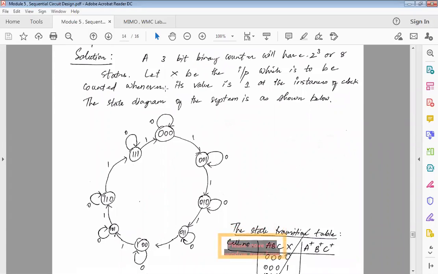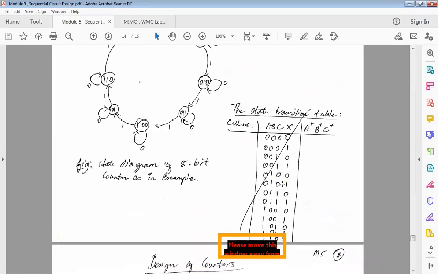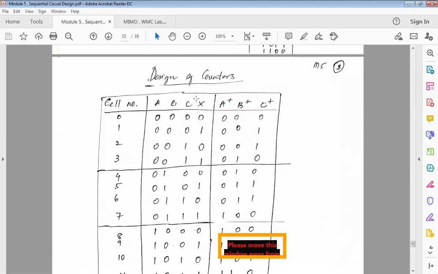Next, let x be the input which is to be counted whenever its value is 1 at the instances of the clock. So we will give x as the input. I will take x as input and check whenever the clock goes high, I will make sure that it is changing.